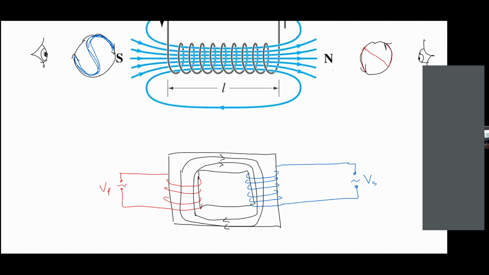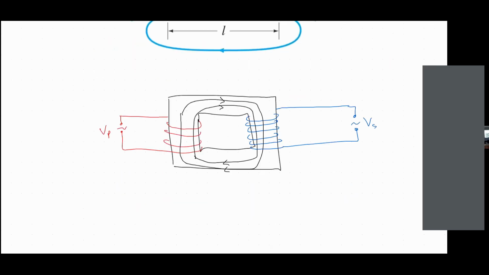So just be aware that you get a magnetic circuit in an iron core. Oh dear, that's really rubbish writing, Alison. Okay, right. So magnetic circuit in an iron core.